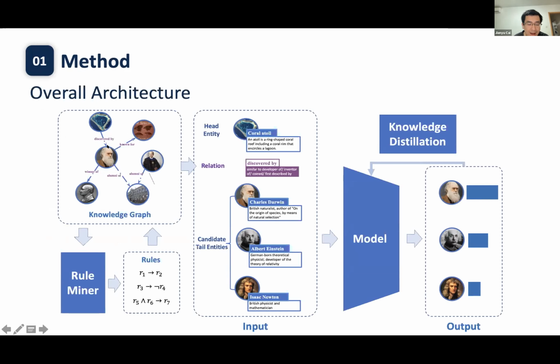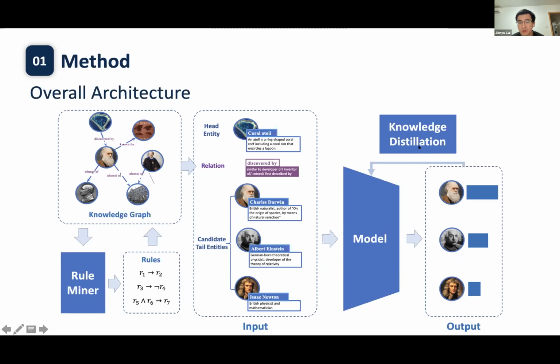Briefly, when we have this knowledge graph as input, we first apply the rule miner to mine rules, and then use the generated rules to generate high confidence new triplets and add them to the original knowledge graph, and then use the knowledge graph to train our model. Our model takes head entities, relations, and candidate tail entities as inputs, and it outputs the scores of the candidate tail entities.